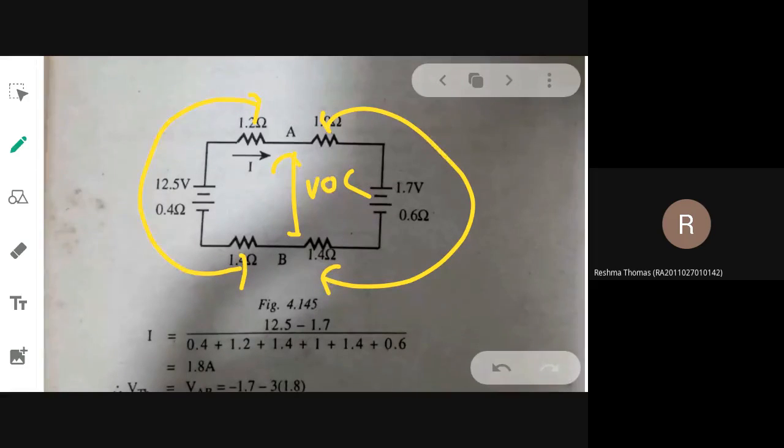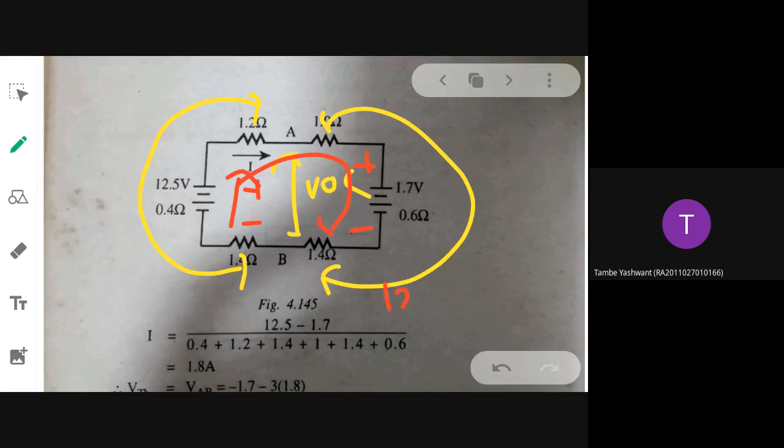What are the voltage sources present in the circuit? There are two voltage sources valued at 12.5 and 1.7. The signs are also different, no? Here it is going from minus to plus, and here it is going from plus to minus if you circulate the current.